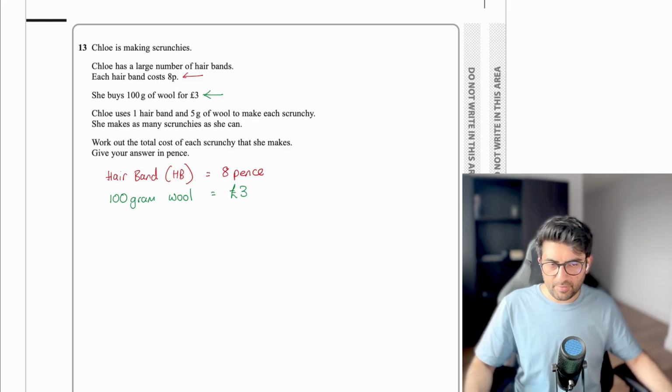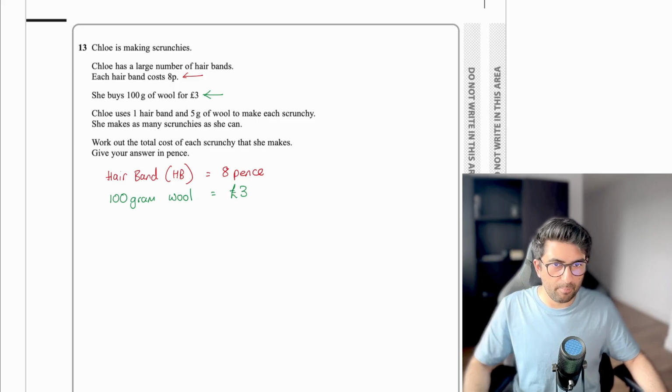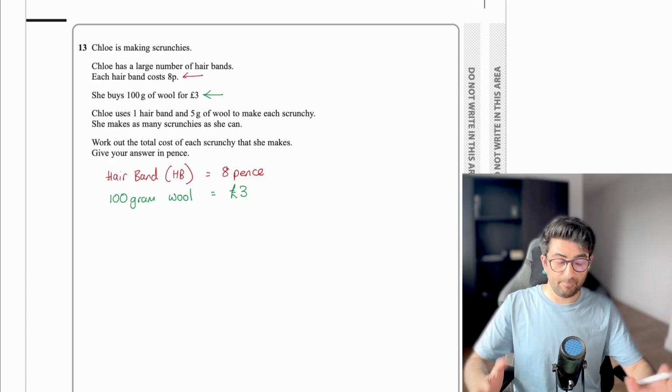Okay, so what is the cost of making one scrunchie?